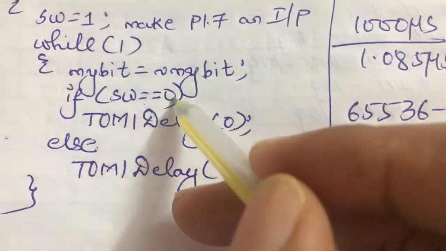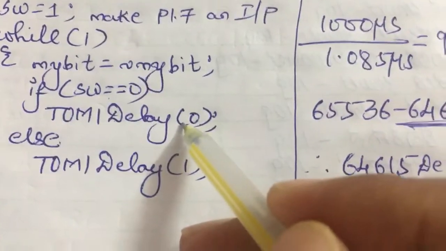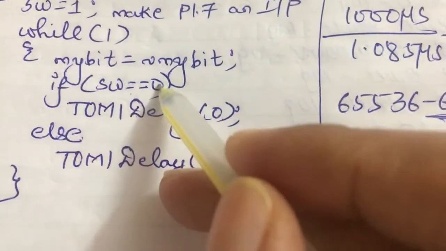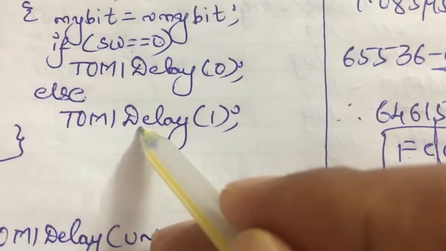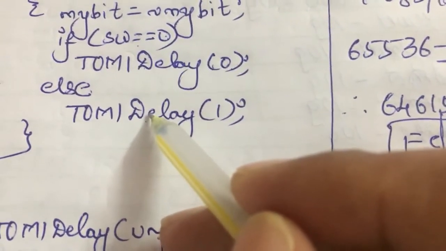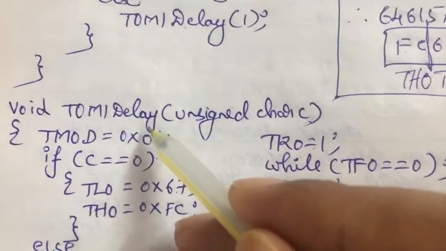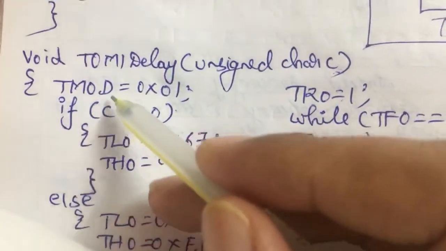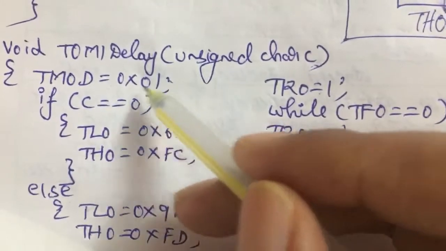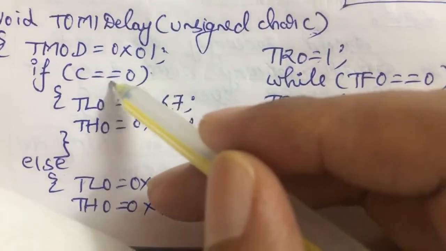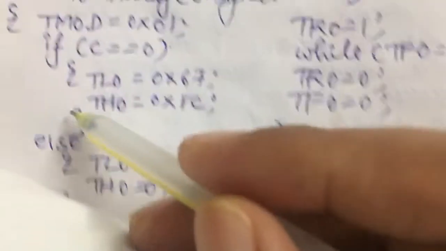If the switch is equal to 0, the 500 Hertz statements will get executed. If the switch becomes equal to 1, then the 750 Hertz statements will get executed. Again it will come to the delay function and calculate the value of TMOD. If the switch is equal to 0, right now the switch is equal to 1, so this will fail.